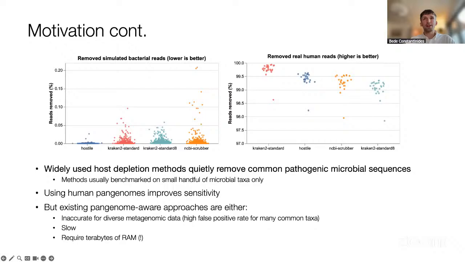It provides a favorable compromise here compared to widely used methods. If your priority is retaining microbial reads, then it's a good choice. And unlike Kraken 2 with its 70 gigabyte standard index, which does do better in terms of removing human reads, Hostile can run on most laptops.